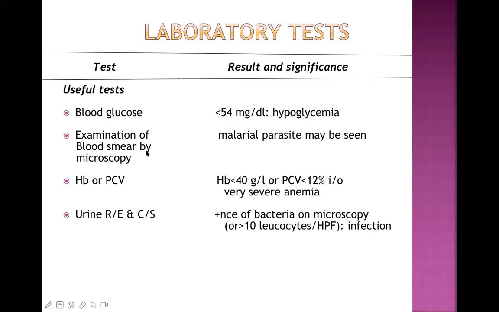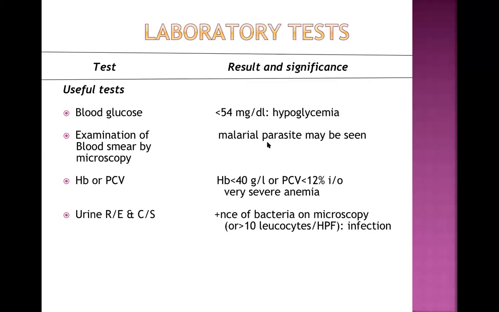Second, examination of blood smear by microscopy. This is mainly done for malarial parasite diagnosis. All of you know the different types of malarial parasite, isn't it? Also known as plasmodium. There are 5 species of plasmodium. Plasmodium falciparum is the most severe one. Plasmodium vivax, Plasmodium ovale, Plasmodium malariae, and Plasmodium knowlesi.